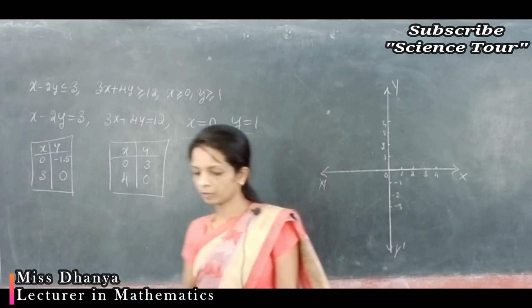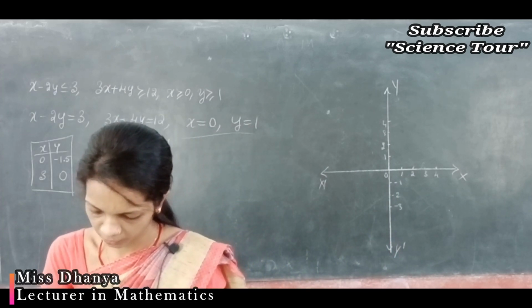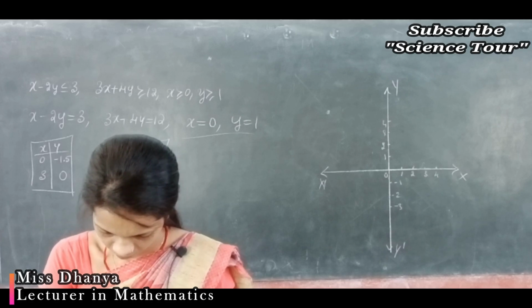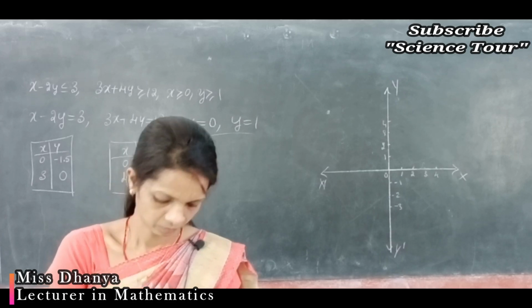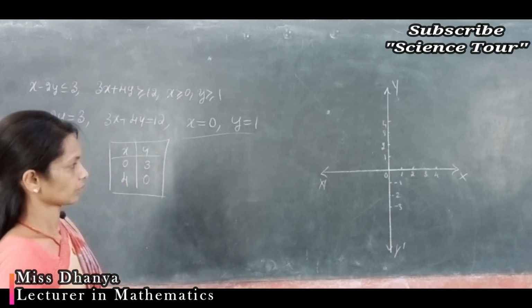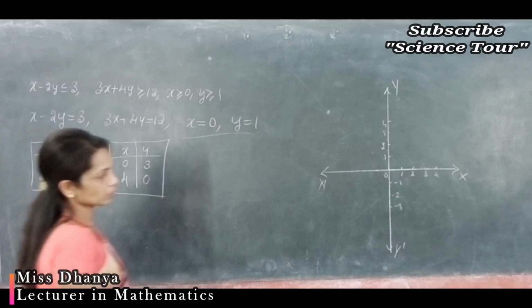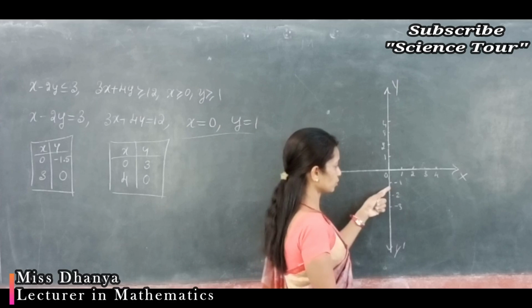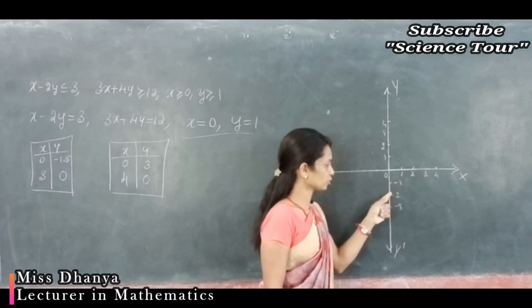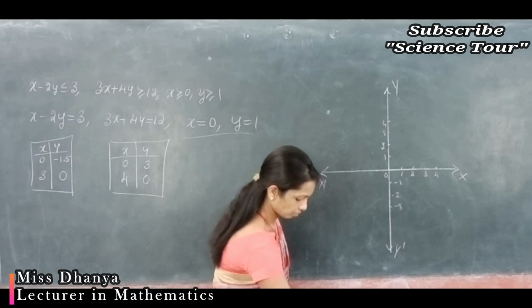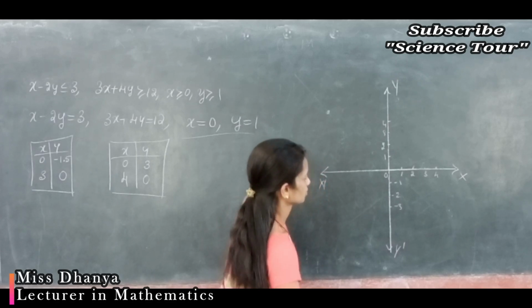Okay, first table, we mark first table points. First table points 0, minus 1.5. Where is minus 1.5? That is in between minus 1 and minus 2. Okay, so mark those 2 points.